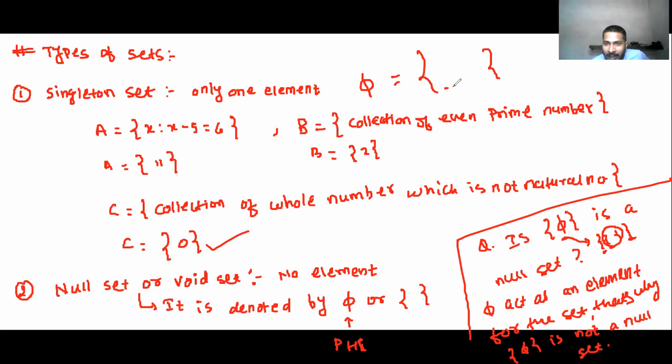If something is there, then you cannot say it is a null set. A null set basically means only this, with nothing in it. So this set is basically like this, and this acts like an element. If something is there, you cannot say it is a null set. Only if it is vacant can you say it is a null set.